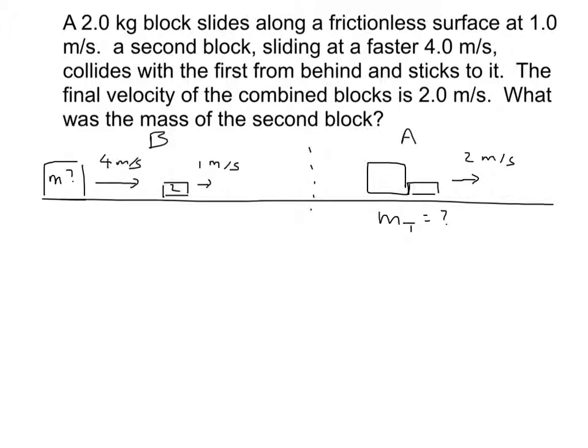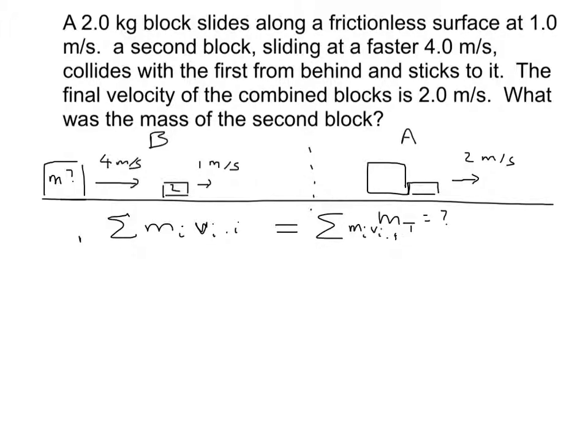And so what we know is that the momentum before, the sum of the individual masses times the individual velocities initially, must equal the sum of the individual masses and the velocities of the final values.